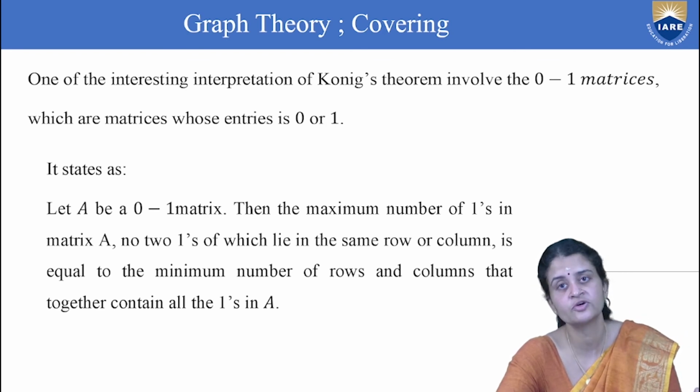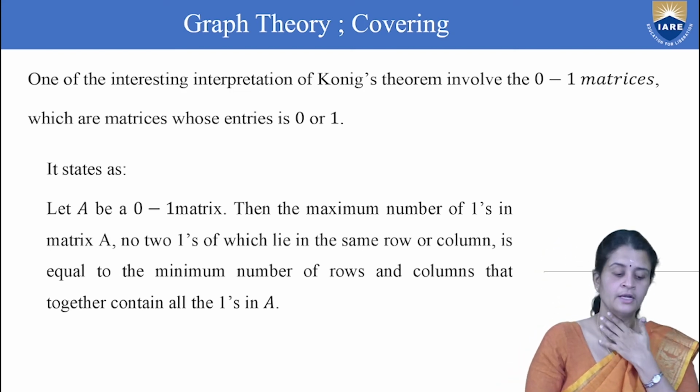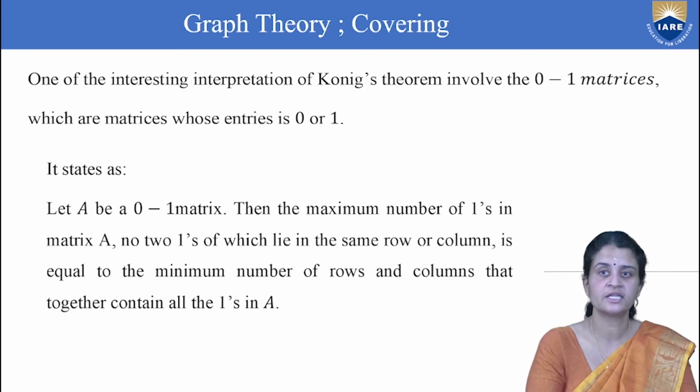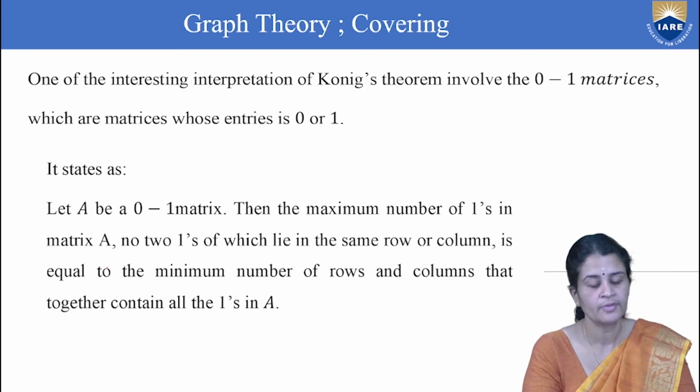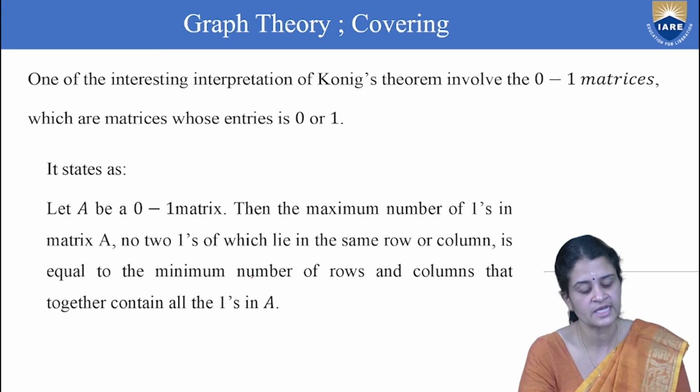Then the maximum number of 1s in matrix A, such that no two 1s lie in the same row or column, is equal to the minimum number of rows and columns of A together that contain all the 1s.